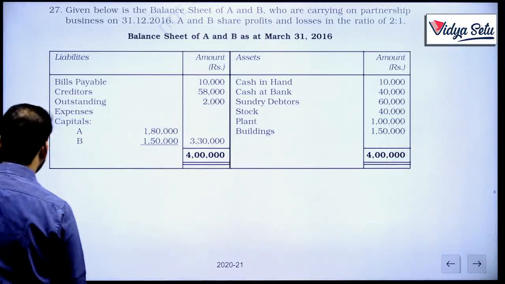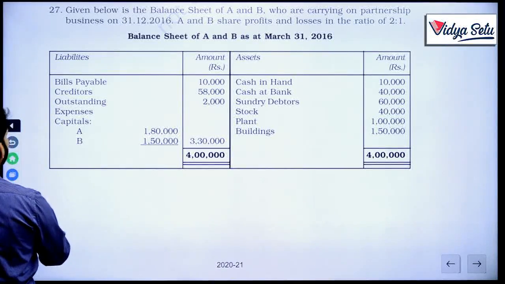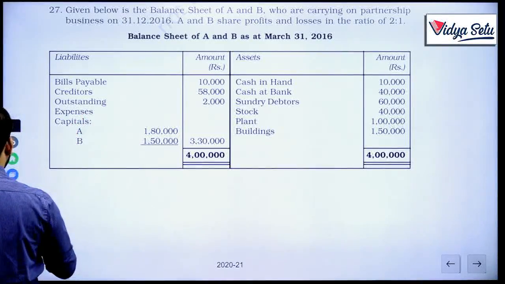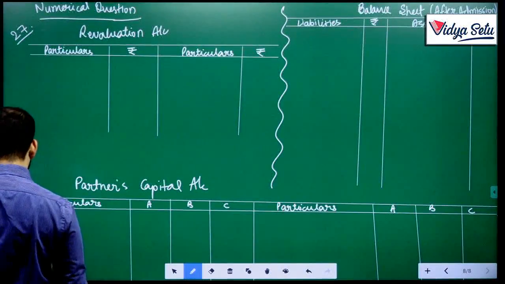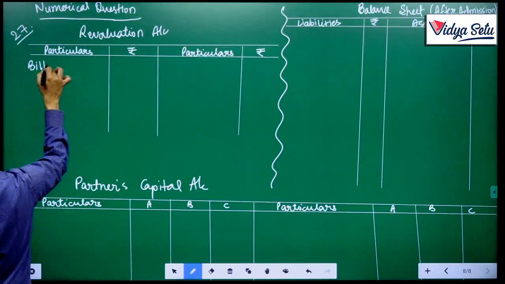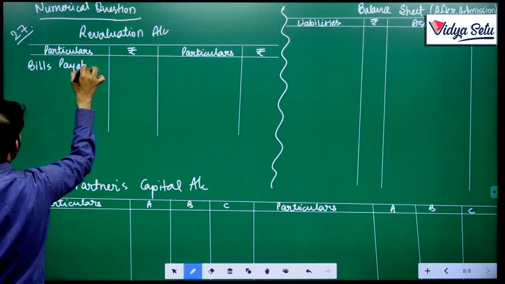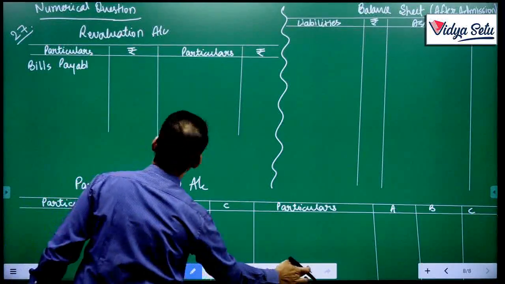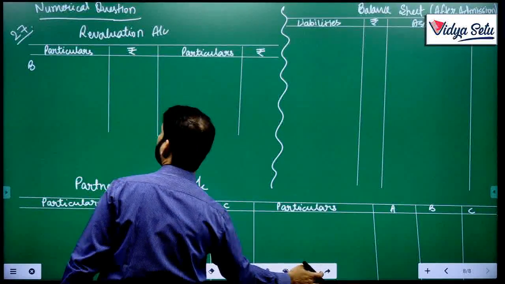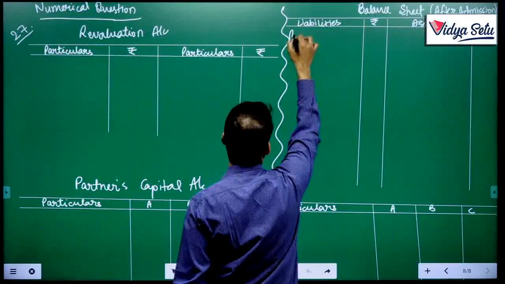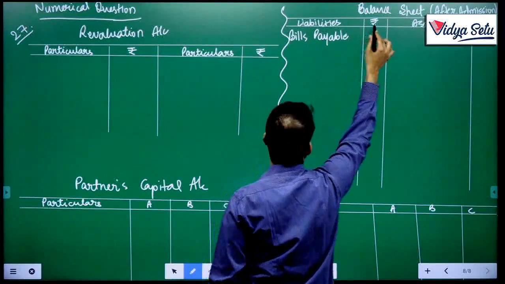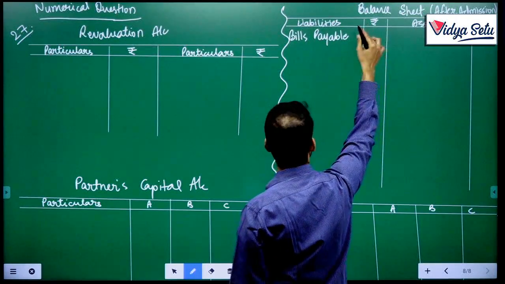Bills payable 10,000, creditors 58,000, and there was an adjustment there, outstanding expense. So bills payable, not here, it's not revaluation in the balance sheet. Because there is no adjustment here, it was 10,000.